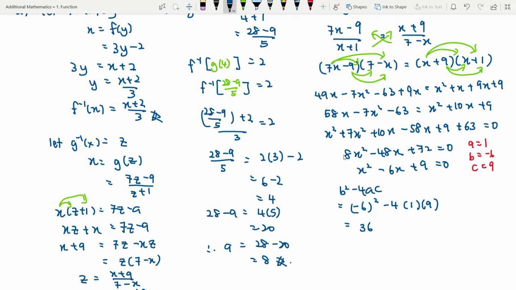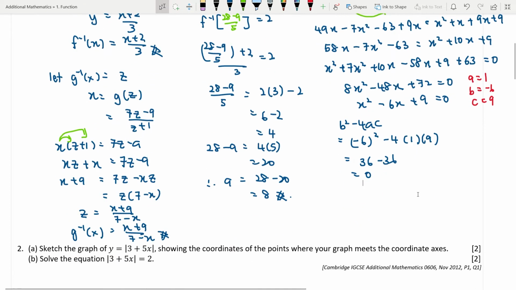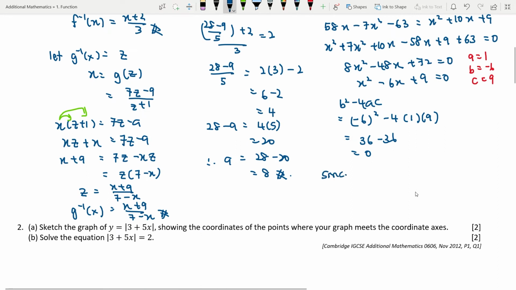We have 36 minus 36, which is 0. Since b squared minus 4ac, our discriminant, is equal to 0, there's only one solution for x.